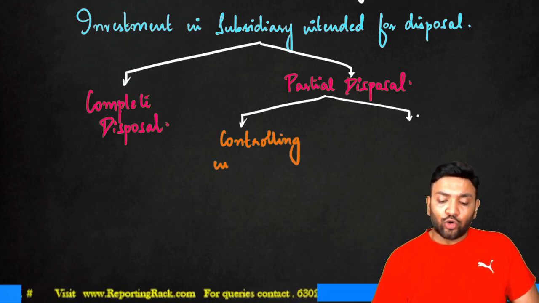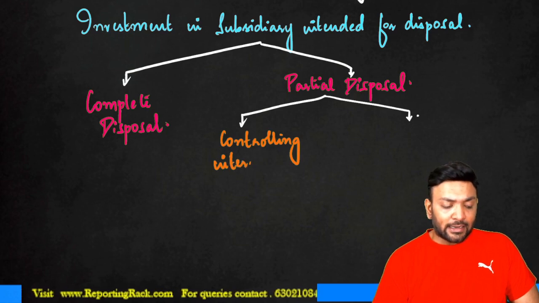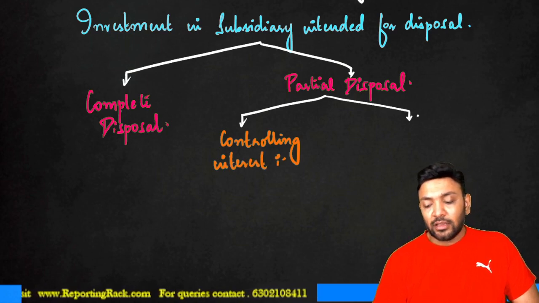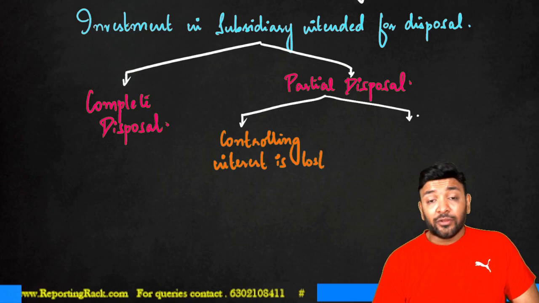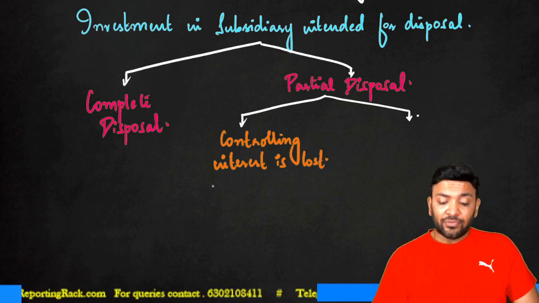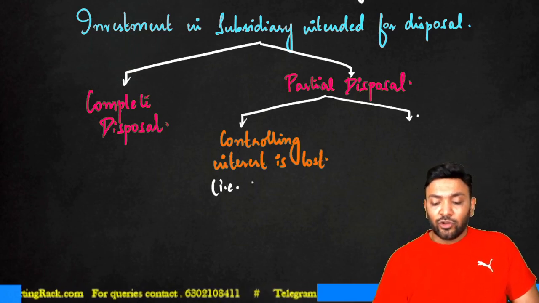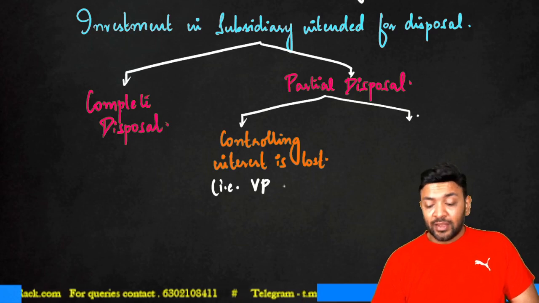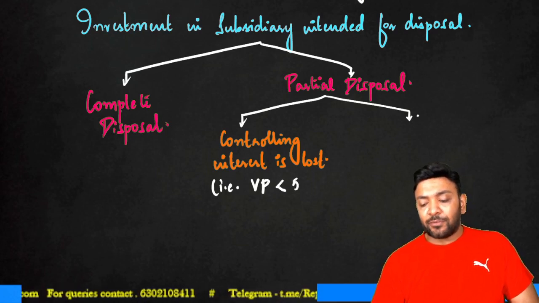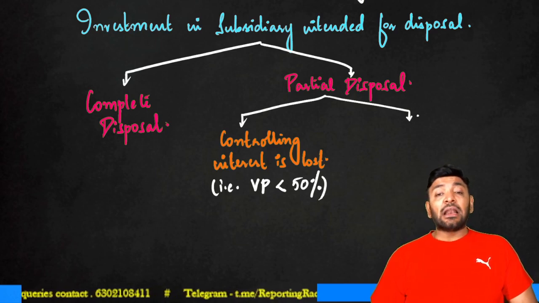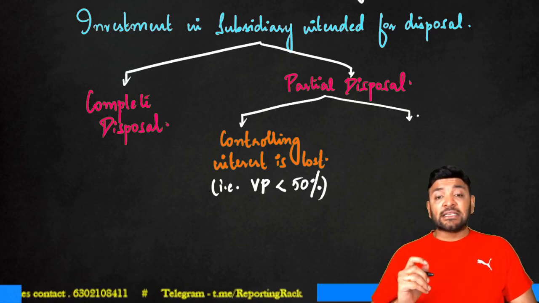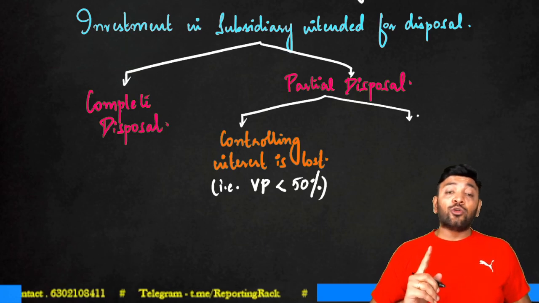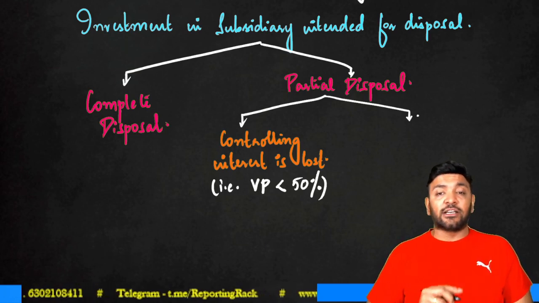What do you mean by this? That means the voting power is less than 50%. Your voting power after the partial disposal is less than 50%. Therefore, you lost controlling interest over the subsidiary.